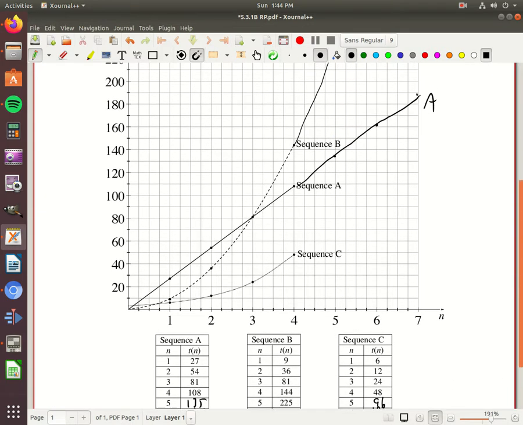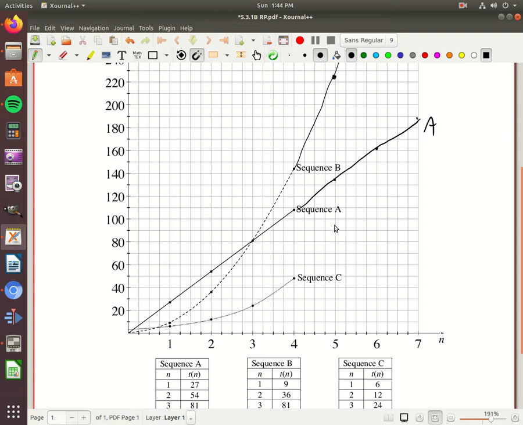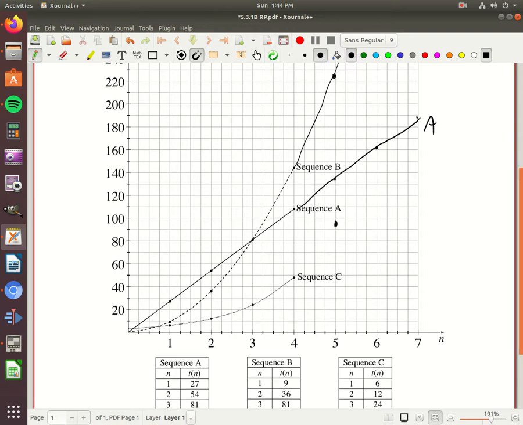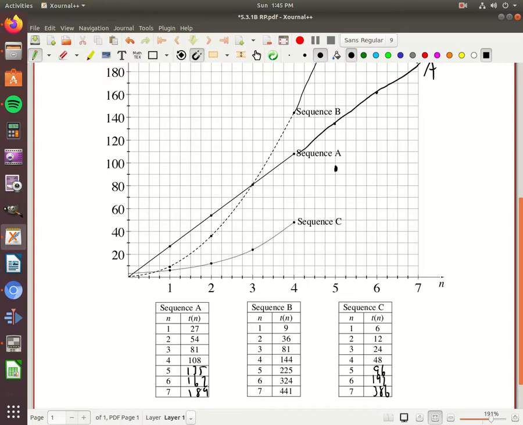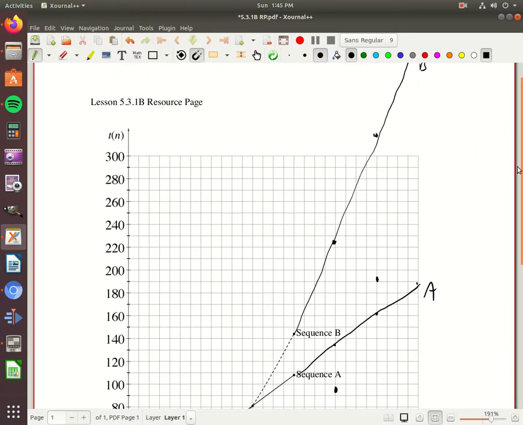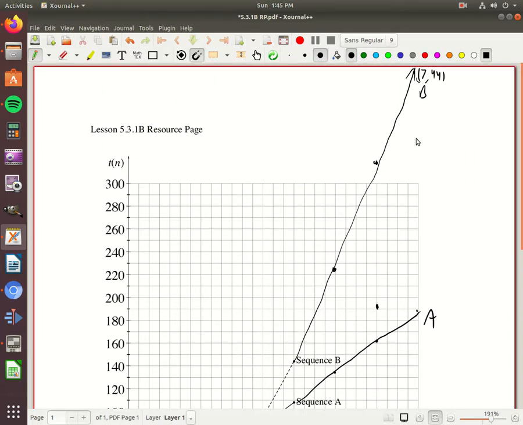So 5 was 96, 6 was 192, and 7 is 386. And that was C.